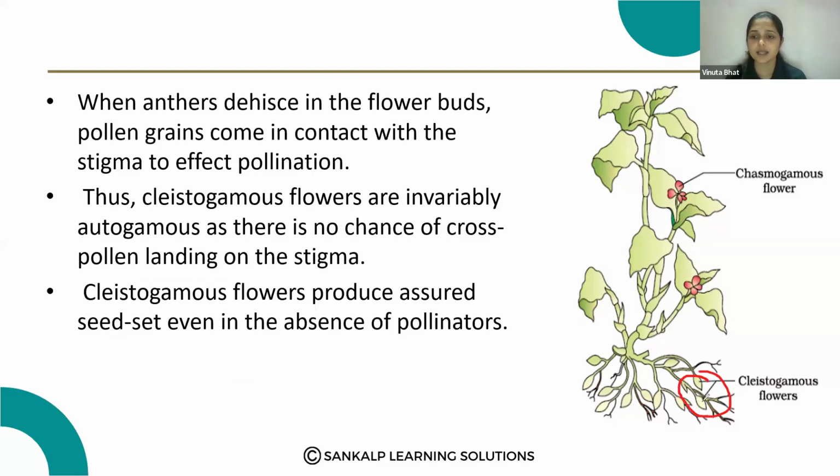Here the pollination is called self pollination because the release of the pollen grain and the stigma receptivity take place at the same time. So the cleistogamous flowers produce assured seed set even in the absence of pollinators. These cleistogamous flowers do not need pollinators. In the absence of pollinators also they are able to produce seeds.